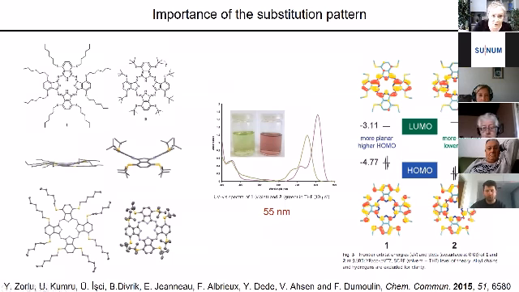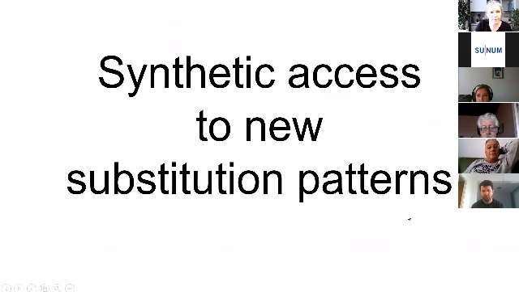But the bulkiness of the tert-butyl groups right here is inducing a distortion of the macrocycle, and this distortion is inducing this shift of 55 nanometers, which is extremely important, regarding the fact that anyway, this is formally the same substitution pattern. And this has been confirmed by some calculations.